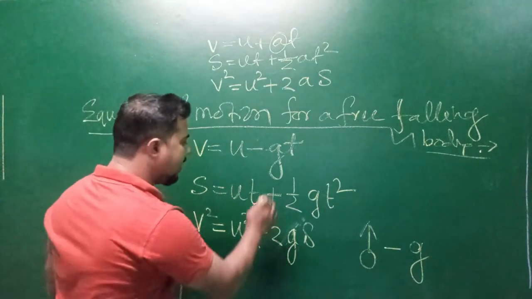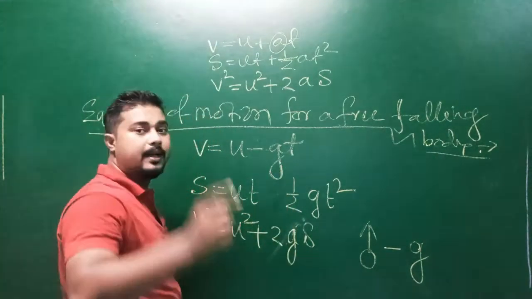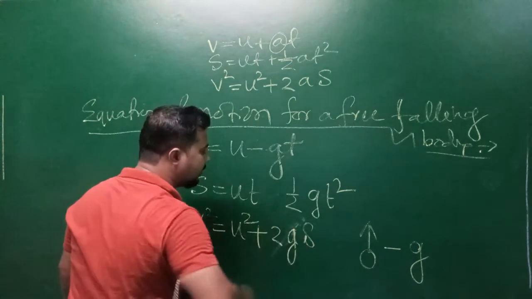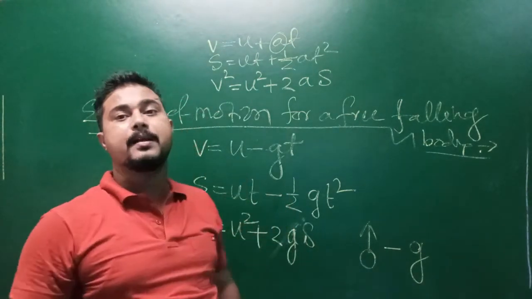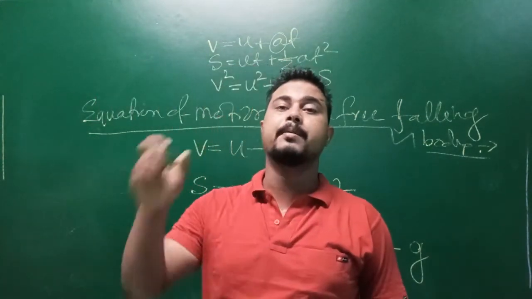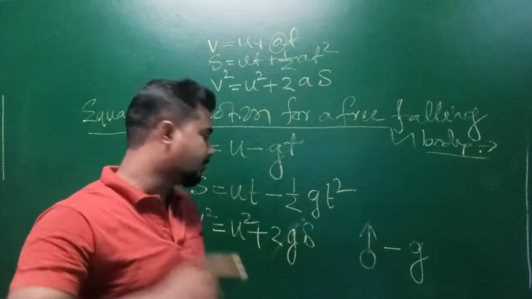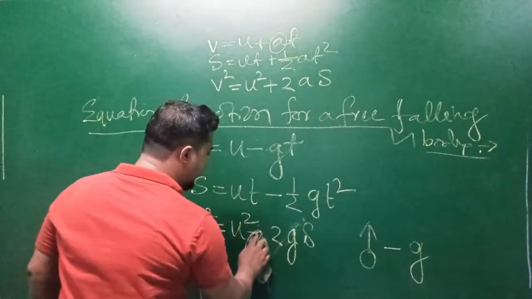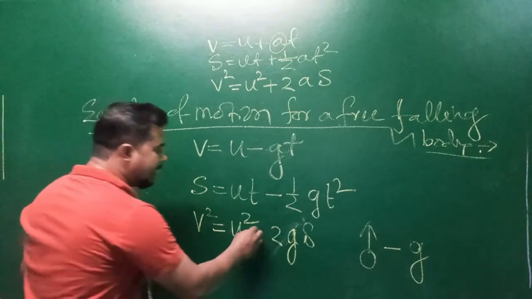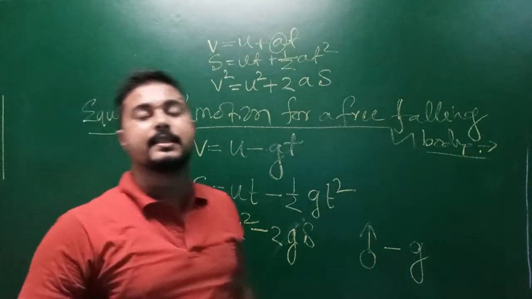The second equation will be s is equal to ut minus half of gt square. And the third equation will be v square is equal to u square minus twice gs.